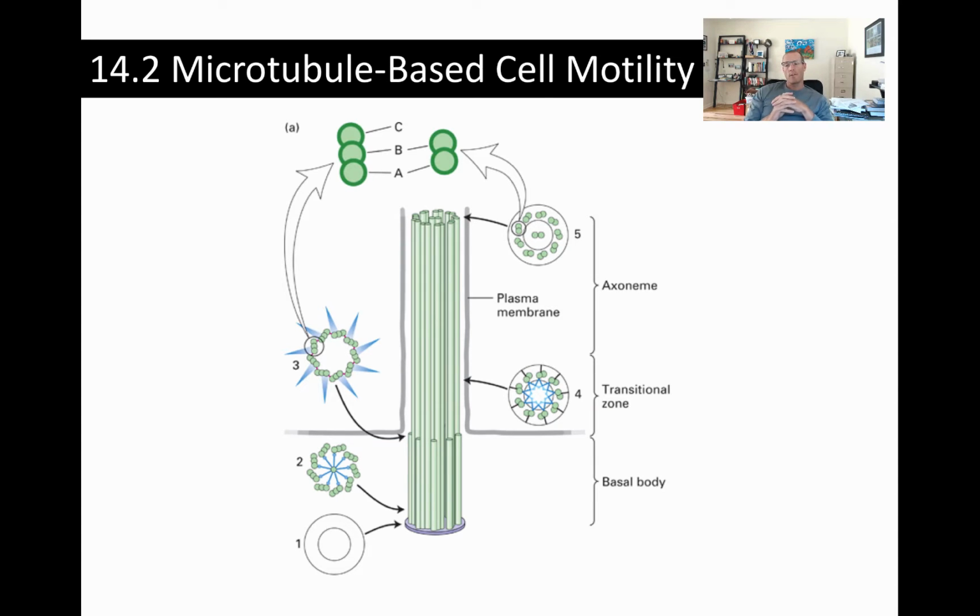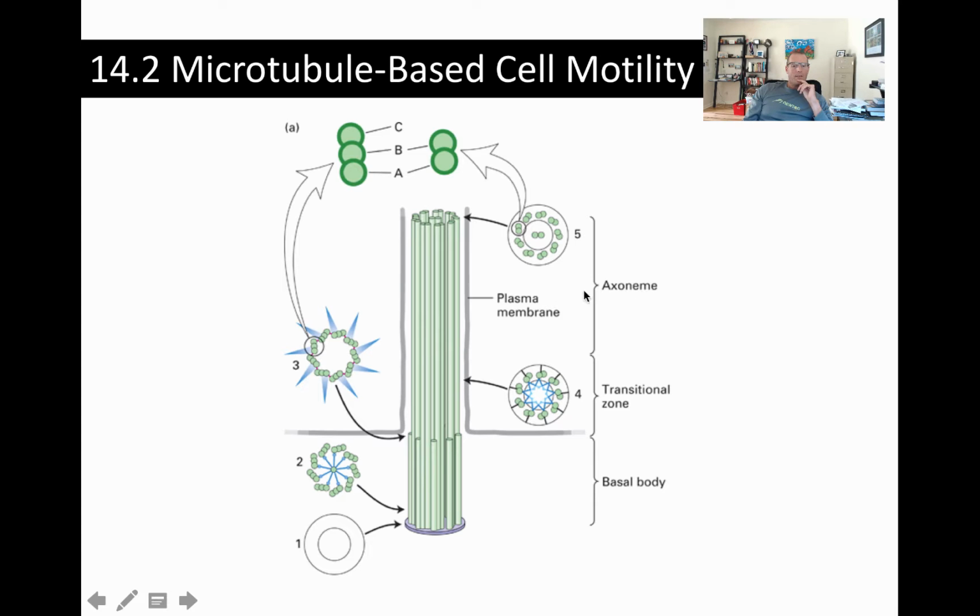Now both the cilia and the flagella share common structures, and that structure is generally called the axoneme, and the axoneme is connected to something called the basal body. Here is the axoneme, that's microtubule based, and here is the basal body, also microtubule based. Then there is an extension of the cell membrane which wraps around either the cilia or the flagella.